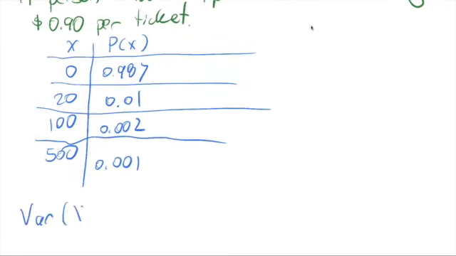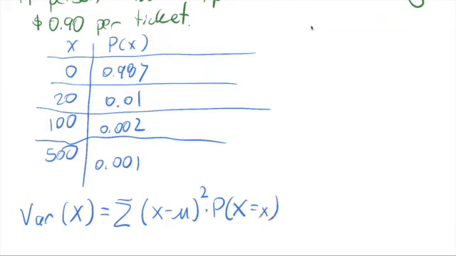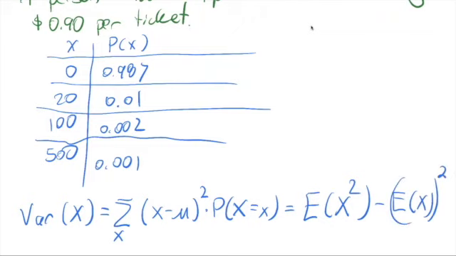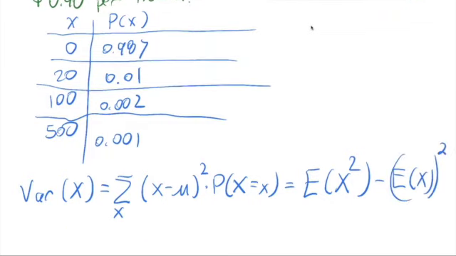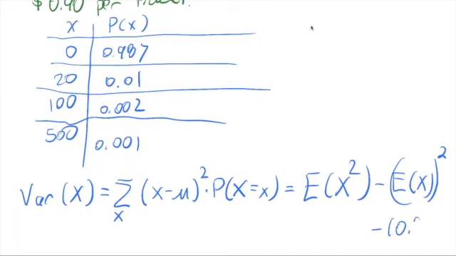If we want to calculate the variance of this, then technically we're calculating the expected value of this, which we just showed is equal to that. We already found the expected value. That was 90 cents, so I can fill that part in. And what's left is to figure out the expected value of x squared.